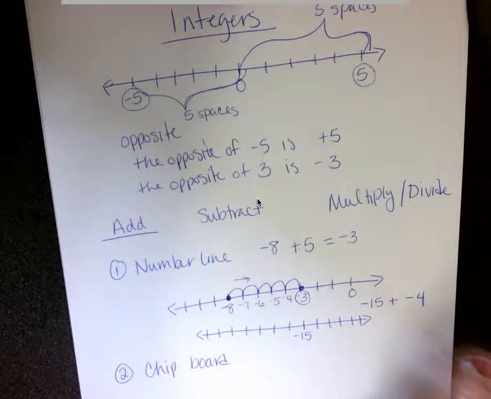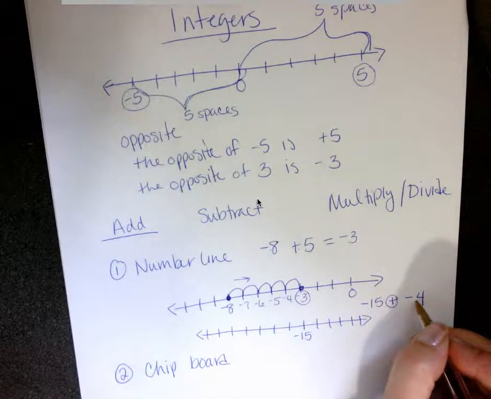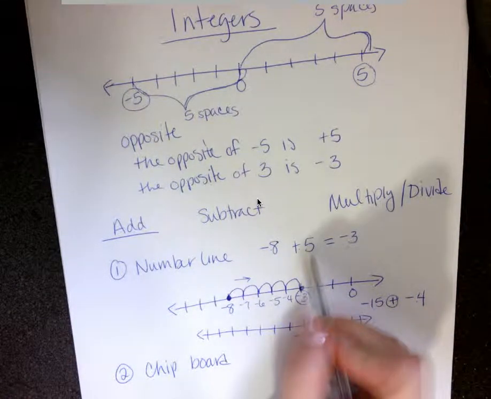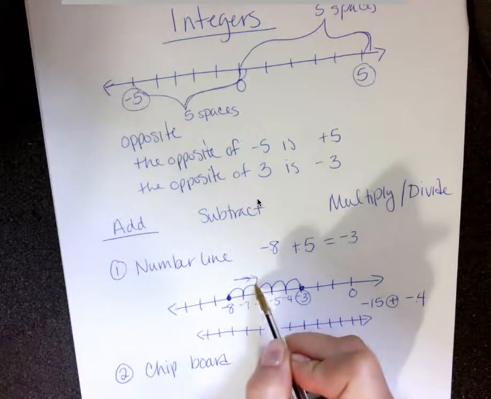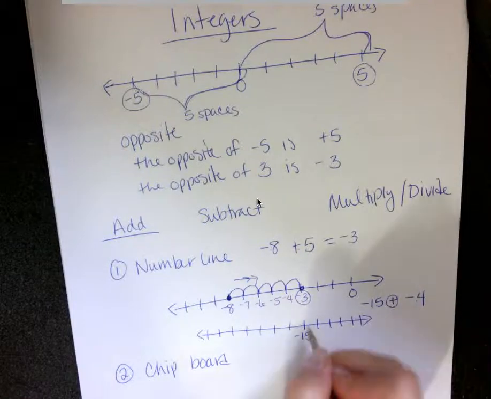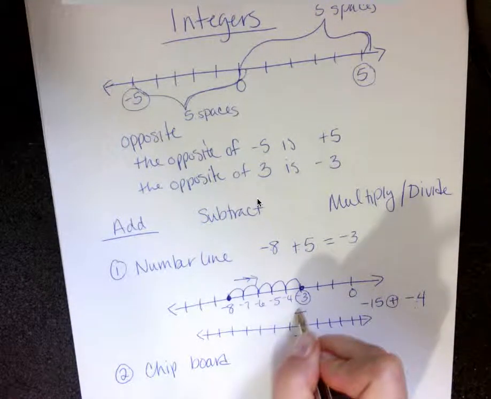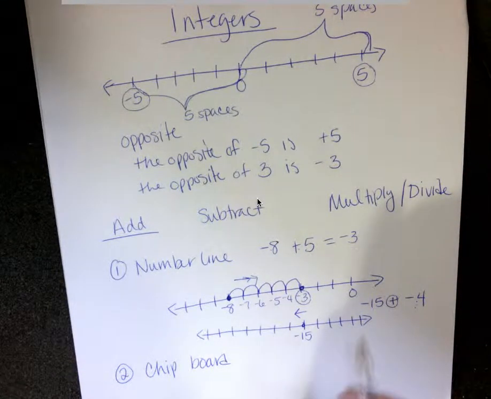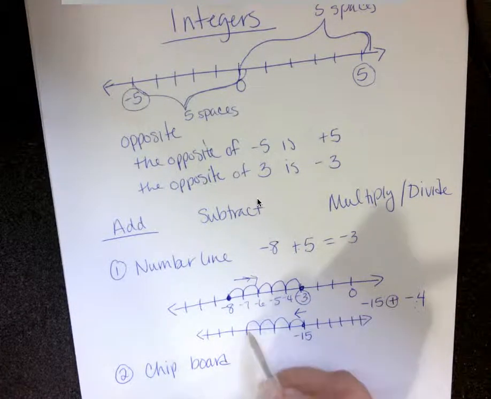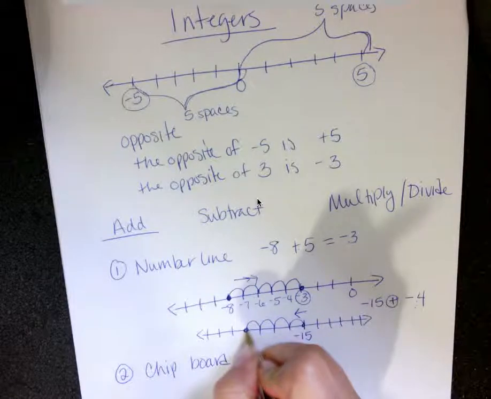Okay. And I want to add a -4. Which direction on this number line am I going to go? Before, if I was adding 5, I went to the right and I went positive. But now I'm adding a negative number. So I'm actually going to go to the left and get more negative. 4 spaces. 1, 2, 3, 4. I end up right here.